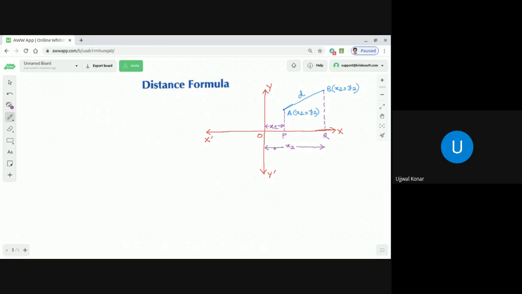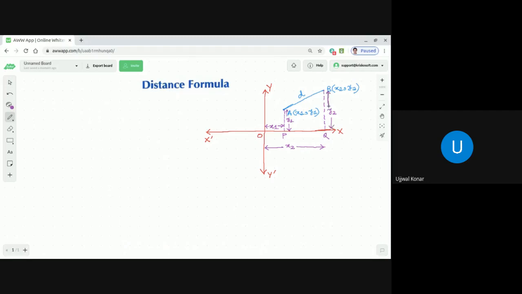Similarly, the distance AP is actually y1. And similarly, the distance BQ is actually y2. That is what we have learned from the coordinates of these points, correct?